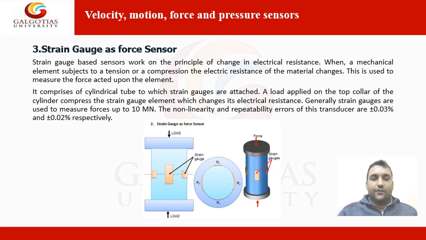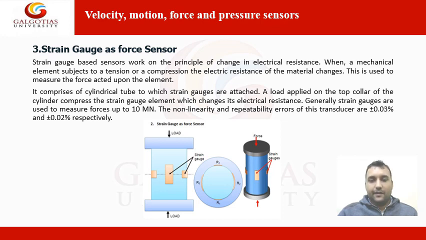It comprises a cylindrical tube to which the strain gauges are attached. A load applied on the top collar of the cylinder compresses the strain gauge elements, which changes their electrical resistance. So the load is applied on this part.